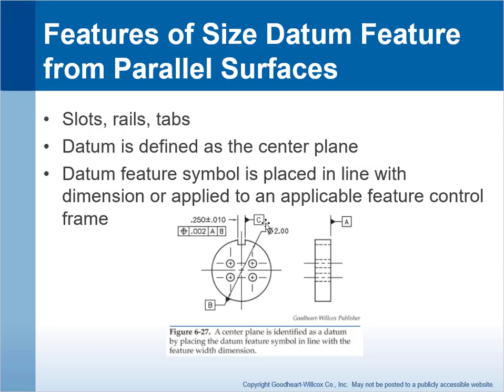So essentially, since we're identifying it this way, the center plane of the slot becomes the datum. And then the datum feature symbol is placed in line with the dimension or applied to an applicable feature control frame. In this case, we've put it right here. We could have put the C triangle right down here off of this feature control frame.